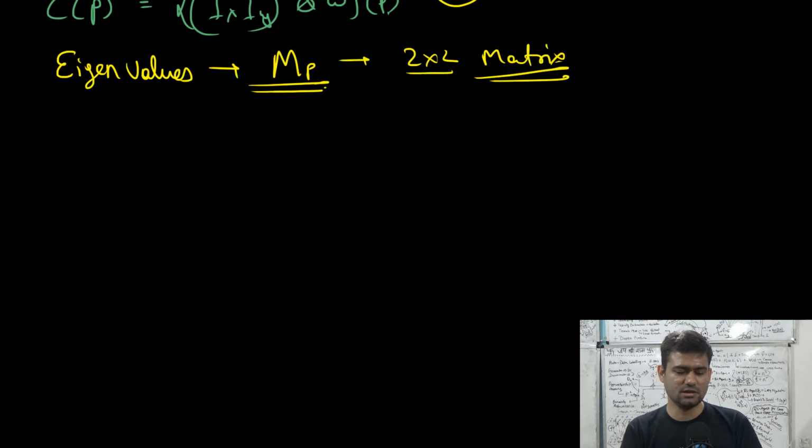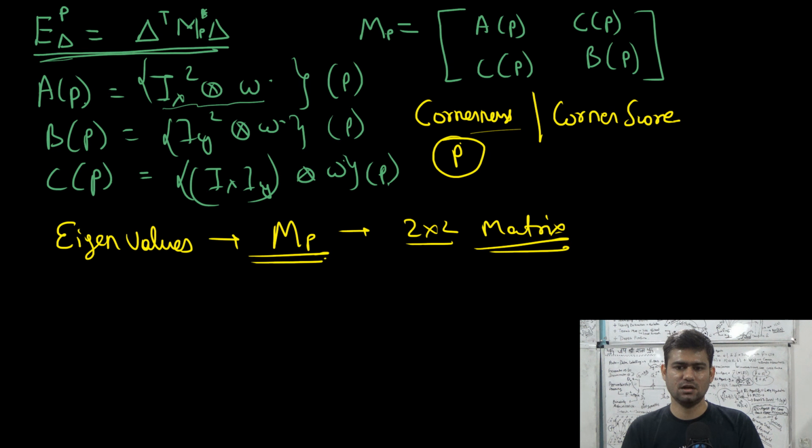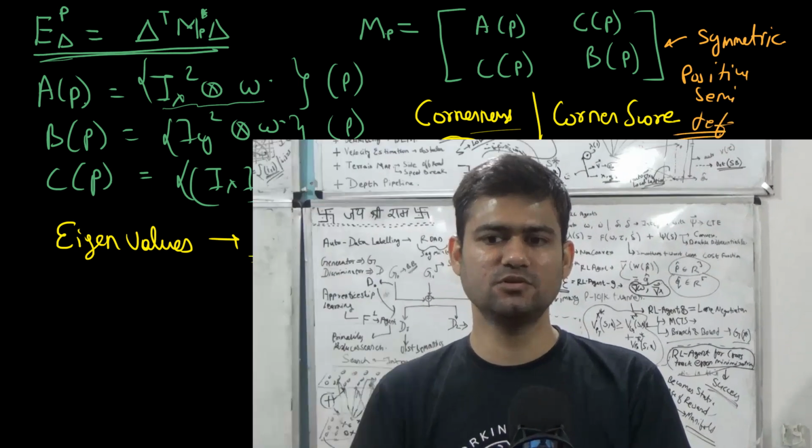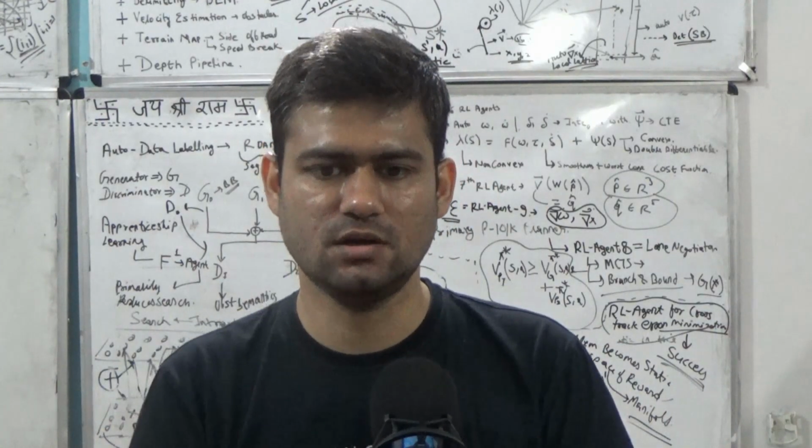Furthermore, from elementary linear algebra, we know that this matrix M is symmetric and positive semi-definite, and thus both the eigenvalues are going to be non-negative.